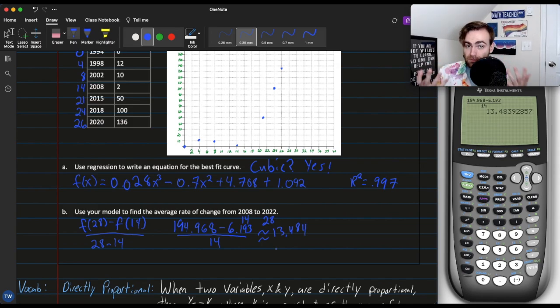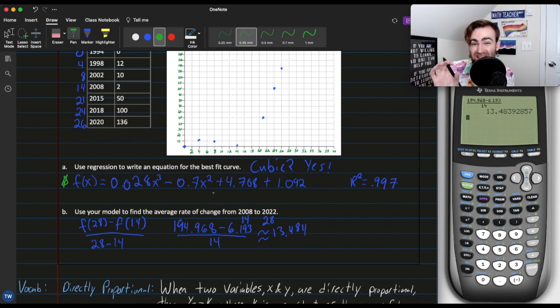Now, you might be yelling at me through the screen, or you might not be. What about if we used this equation here? Because we didn't use rounded numbers, essentially, or rounding happened much, much later with the functions in the y equals screen. What if I didn't save that? What if I used our rounded equation instead?